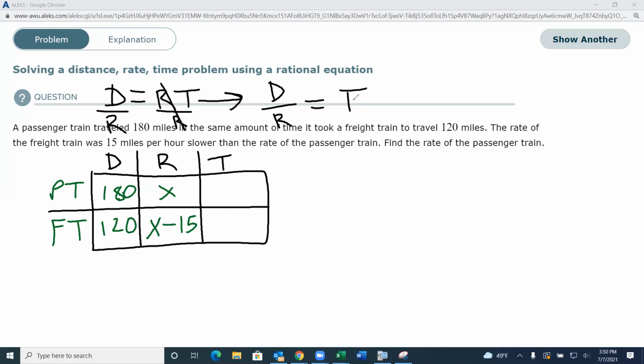And so our times can just be written as the distances divided by the rates. So for the passenger train, his distance divided by his rate. And for the freight train, his distance divided by his rate. That's what the formula says we're allowed to do, and it's true.